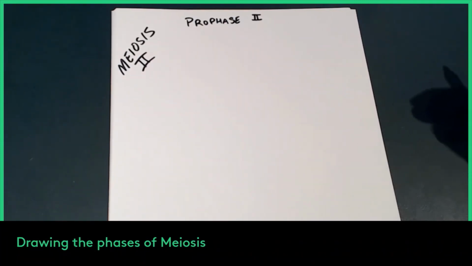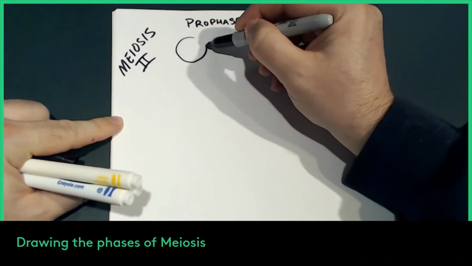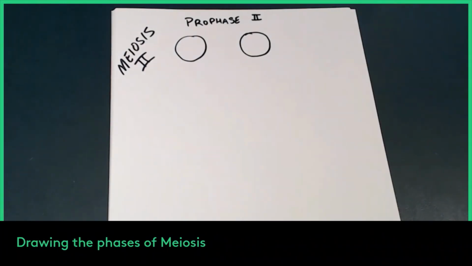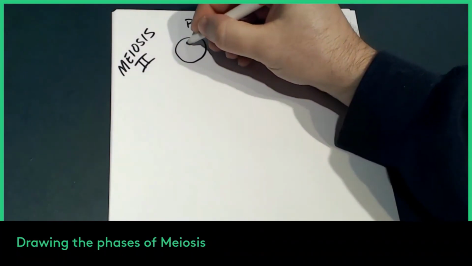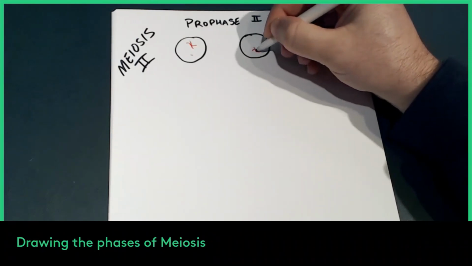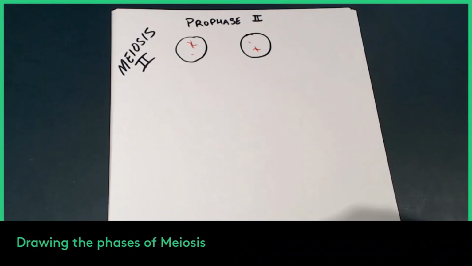So we just split, and we have our two haploid daughter cells, right? And inside of these two cells, if you remember, we had mom's number 1 over here that had some of my dad on it, and then my dad also had his number 2 over there. So let's fill in the rest of it.